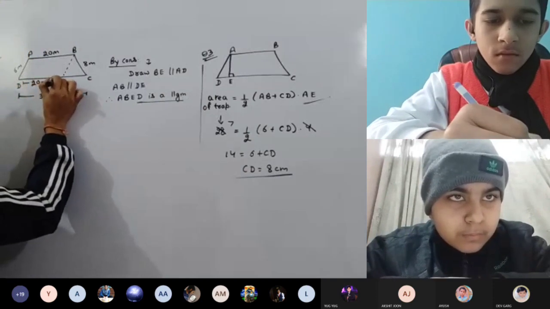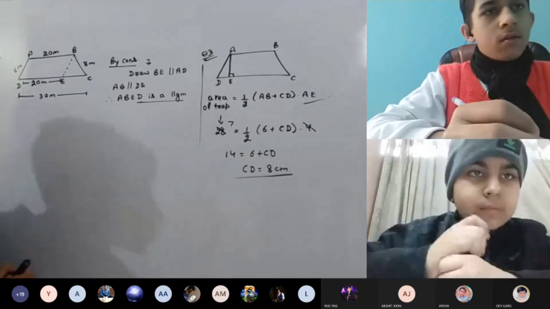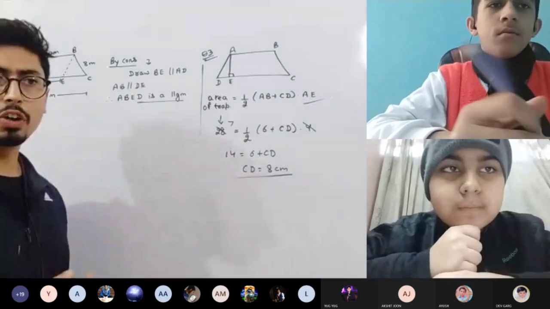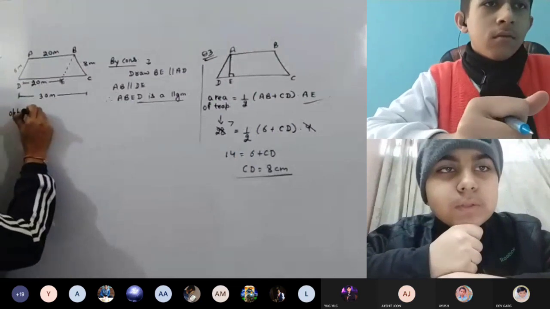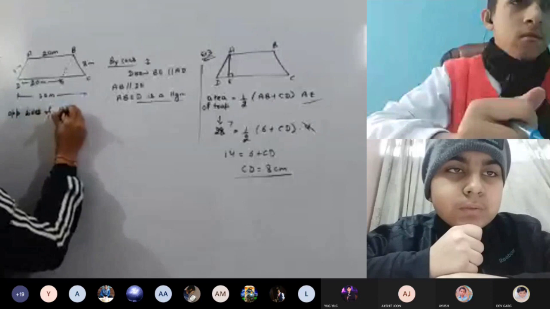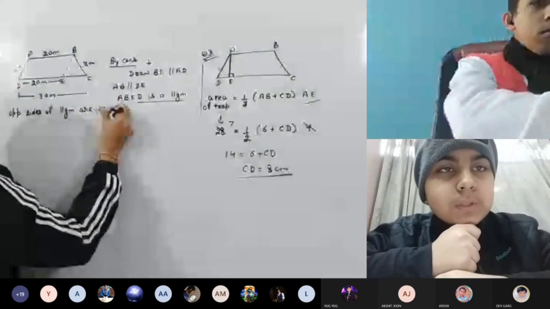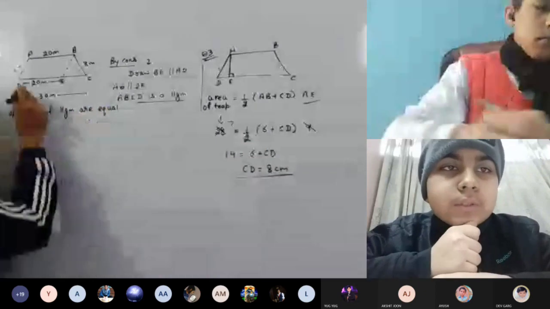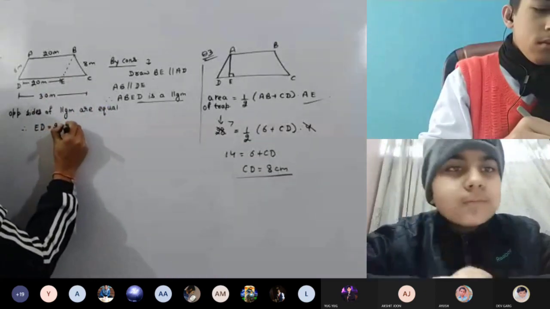Can I say this? Yes or no? Because opposite sides of parallelogram are equal. Yes, sir. We know this property. So I can say that ED is 20 meter.